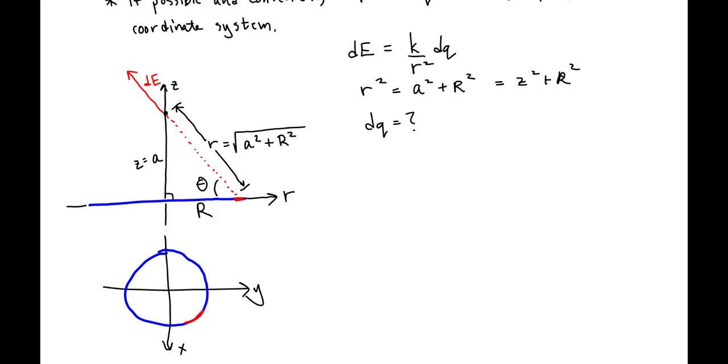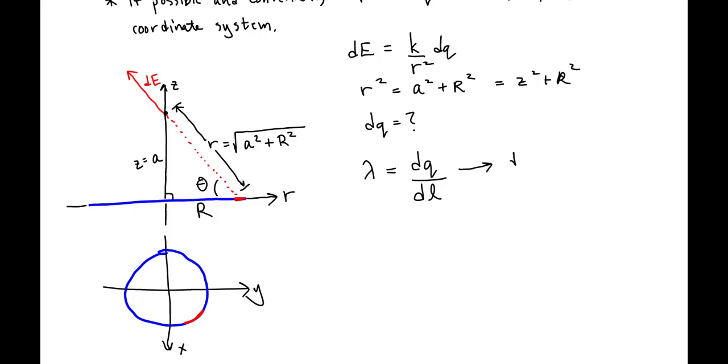Remember, the linear density of a line of charge is equal to charge per unit length. We know that we have a uniform charge distribution, so lambda is a constant.